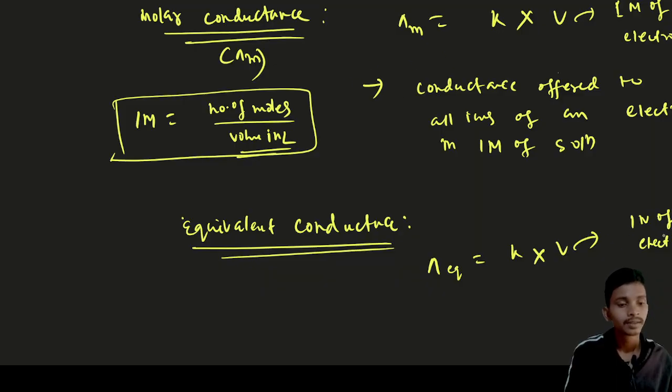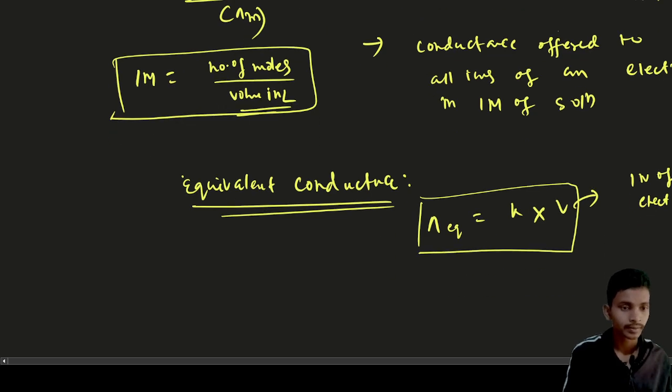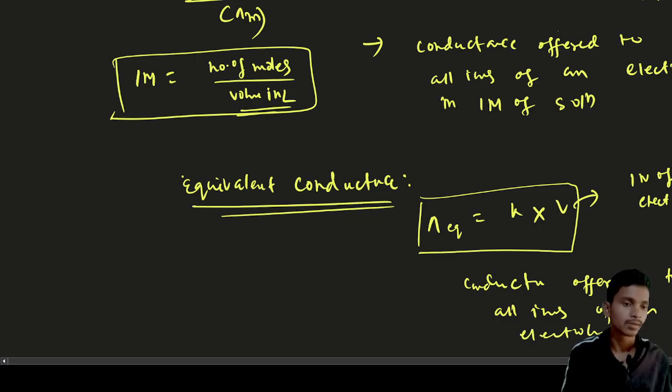And if 1 normal of electrolyte is present, then that is called equivalent conductance. So this is also the conductance offered by all ions of an electrolyte in 1 normal of solution.